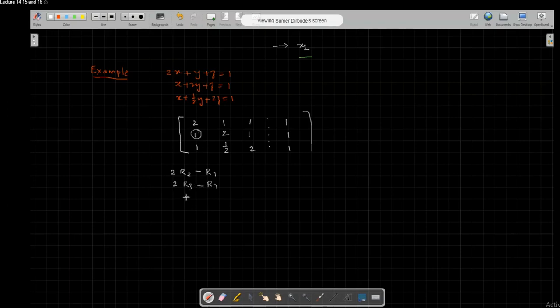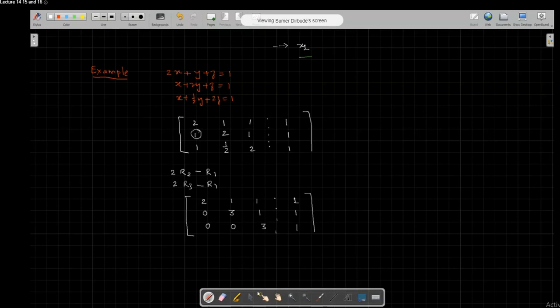This operation will give you the values 2 1 1 1, and this is 0, and twice of this 4 minus 1, so that is 3, and 1; then this becomes 0, and twice of this is again 3, and twice of this minus 1 is 1.